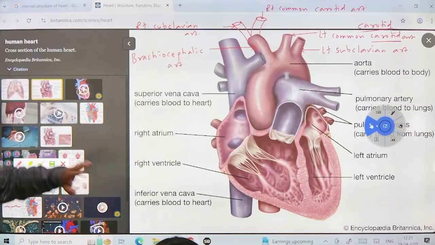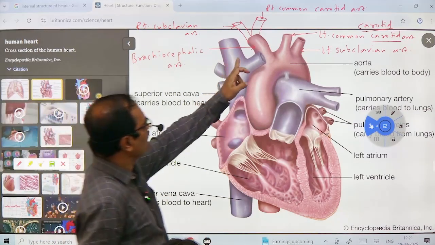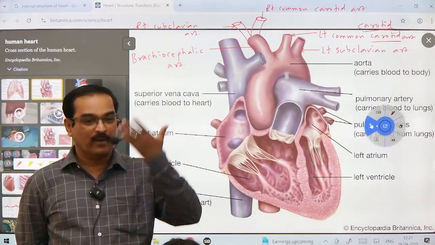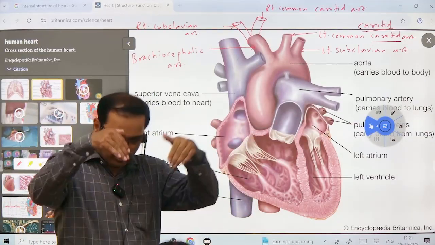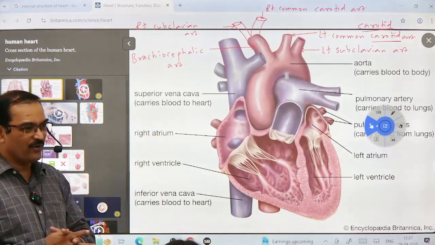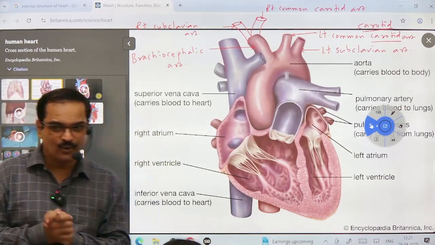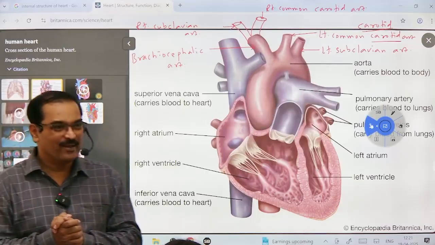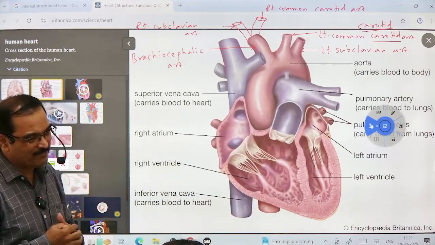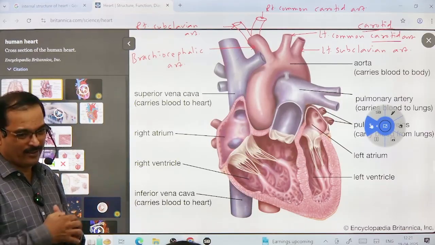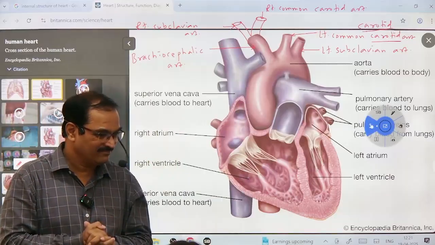What will be the function of all these three branches? Just imagine and tell. These three branches will supply blood to the upper part of the body. And what will be the function of the descending aorta? Lower part of the body. Okay. Can you imagine the function of subclavian artery? Both right and left? Subclavian, hands. And for the brain will be common carotid. These two common carotid will supply to head, neck and brain. You can write.